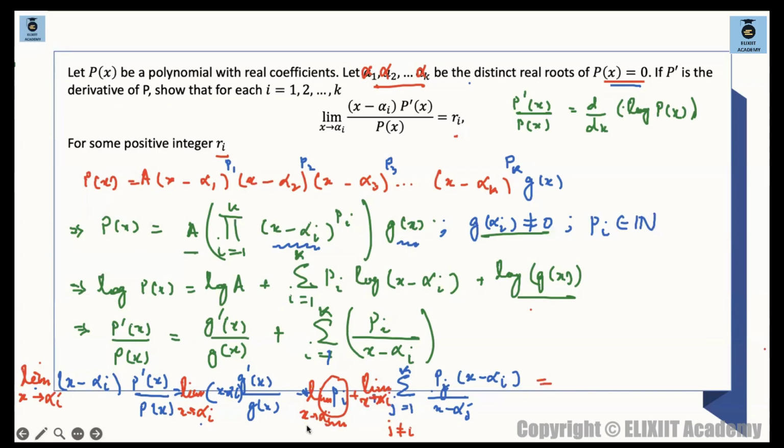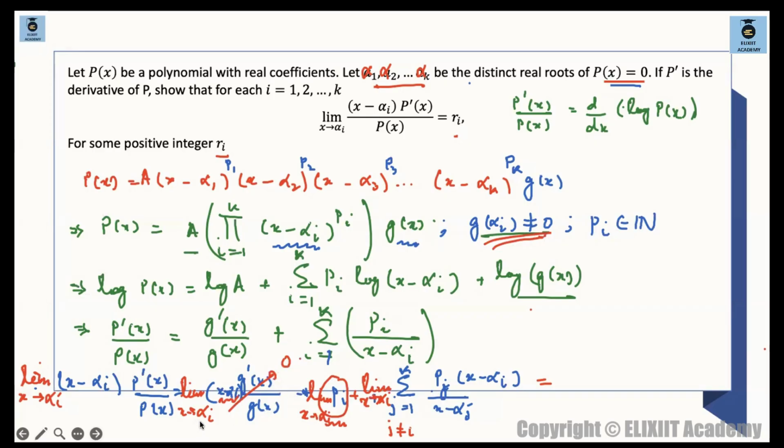Now see, the right hand side will become limit as x tends to alpha i of g dash of alpha i divided by g of alpha i. G of alpha i is not 0, we have taken that, because the alpha i's are not roots of g. So definitely this quantity will tend to 0 because of the factor x minus alpha i.